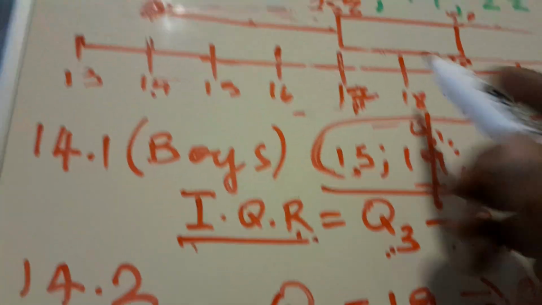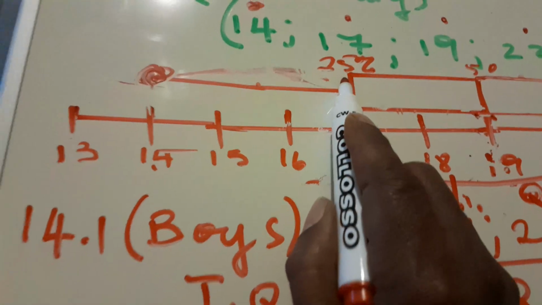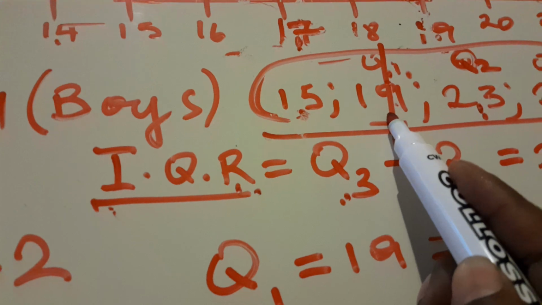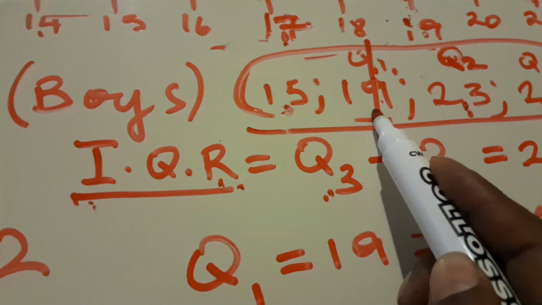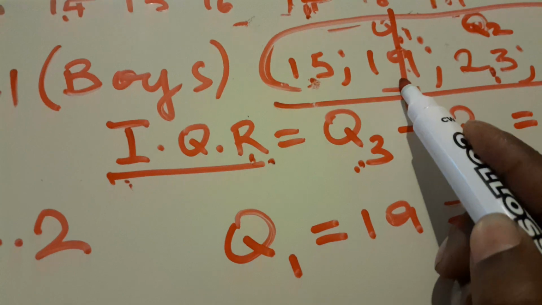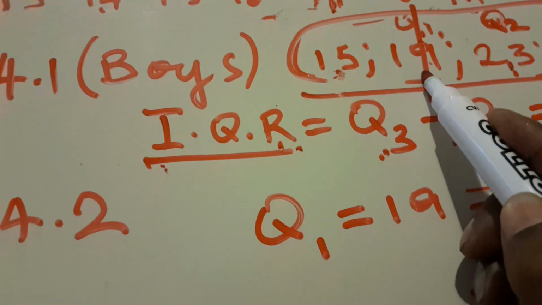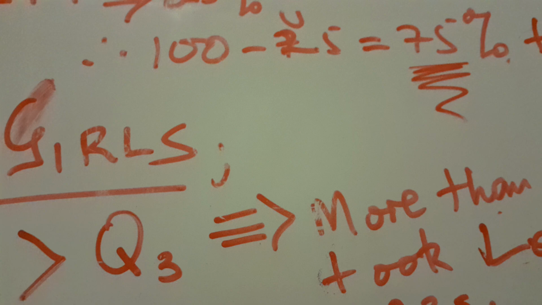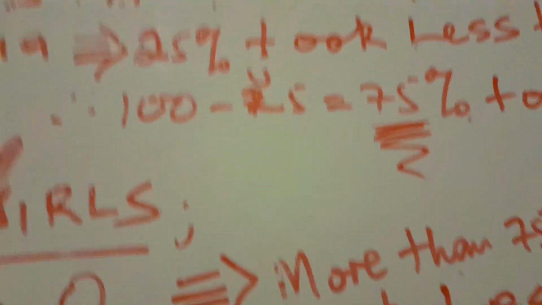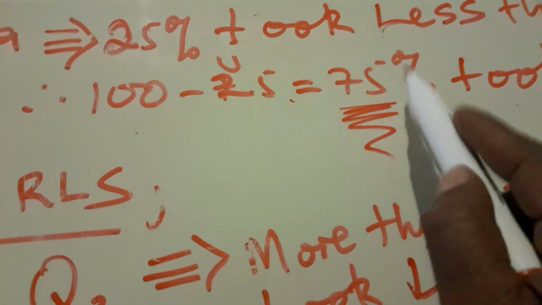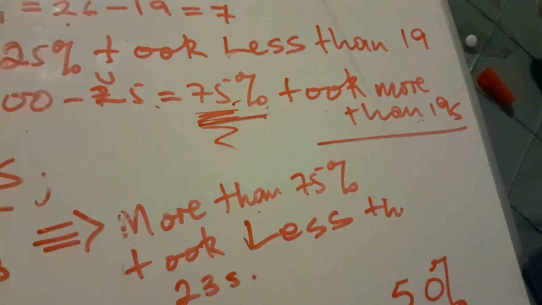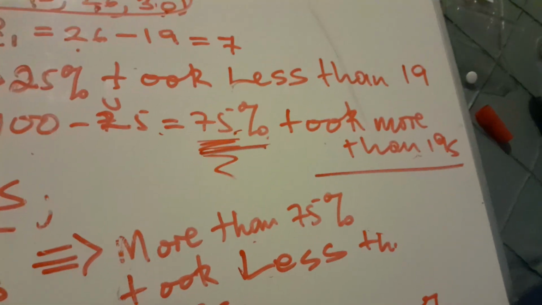And at the lower quartile, it means that 25% took less than 19. Meaning that the remainder out of 100% took more time. So those are the ones we are looking for. It's 100 minus 25, meaning that 75% took more than 19 seconds.